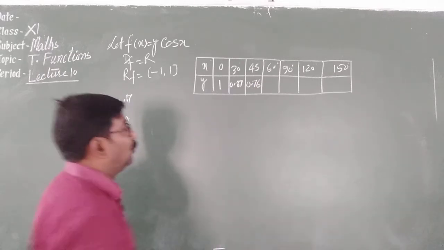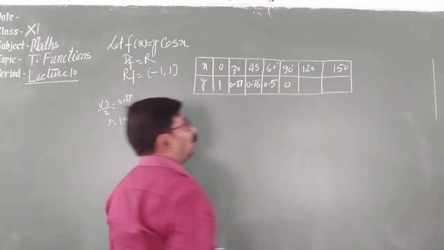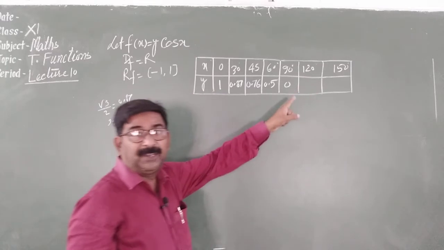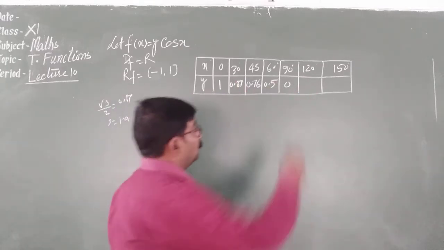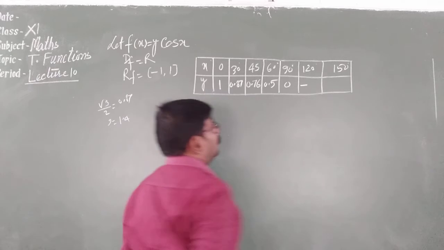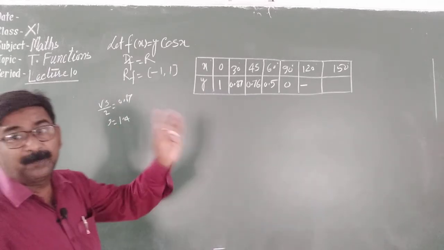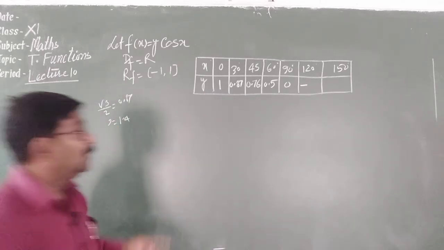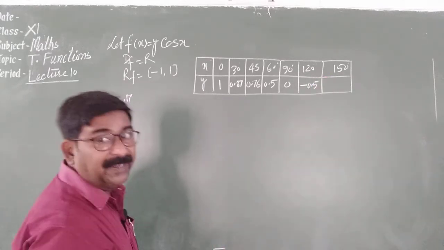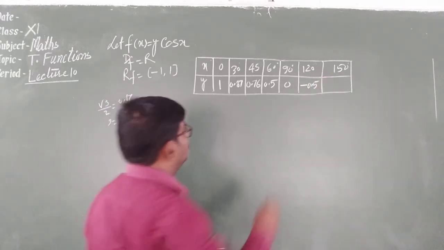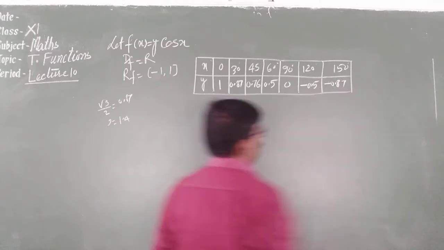Cos 60 is 1 upon 2, this is 0.5. Cos 90 is 0. Cos 120 is in the second quadrant, and in the second quadrant cos is negative. So cos of 90 plus theta is equal to minus sin theta, which means this is minus 0.5, and for 150, this is minus root 3 by 2, minus 0.87, and so on.